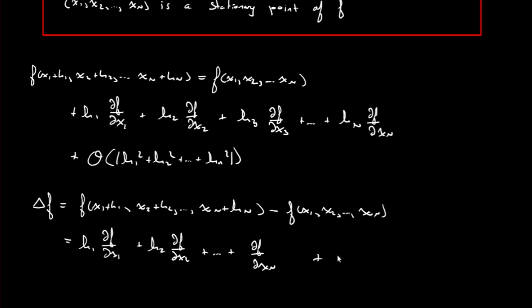And of course we still have our higher order terms, big O of mod h1 squared plus h2 squared plus dot dot dot all the way up to hn squared.